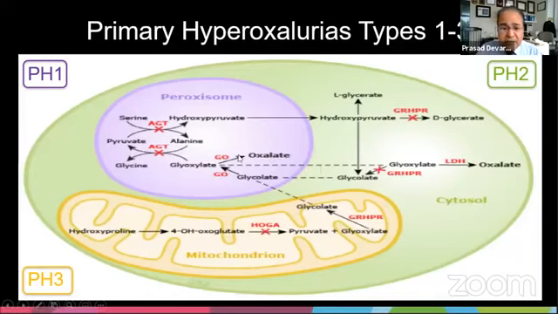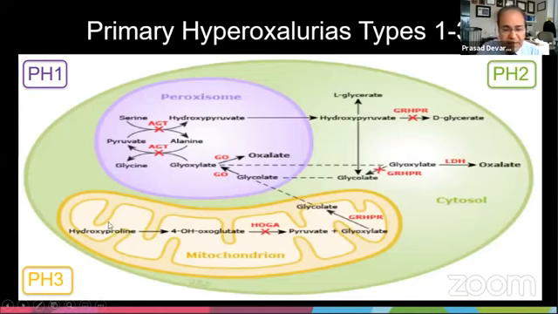And then in the cytosol, both glyoxylate and glyoxylate-derived products are converted to oxalate by a common enzyme, LDH, lactate dehydrogenase, we all know it. And so when there is a problem with this enzyme that should be converting glyoxylate to glycolate in the cytosol, we get excessive production of oxalate.